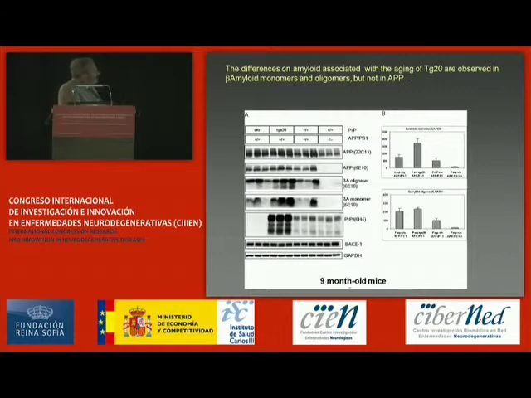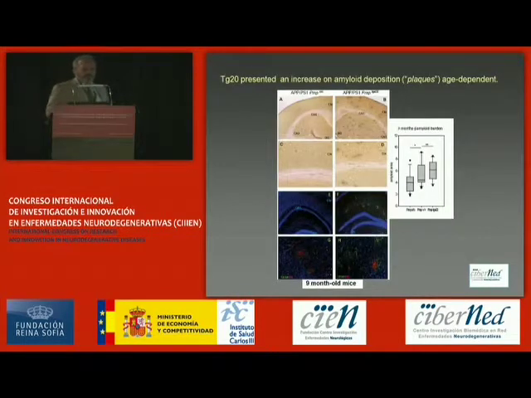These animals are the transgenic for PrP, 2 copies of them, 0 copies. And in all cases, when the expression of PrPC is high, the monomer and the oligomer are increasing after 9 months of aging.